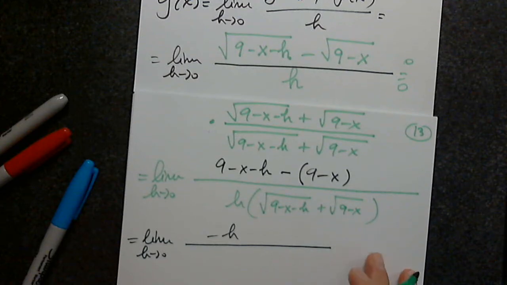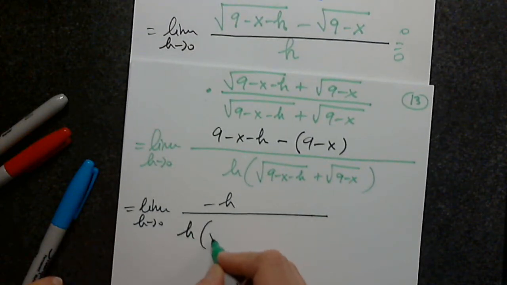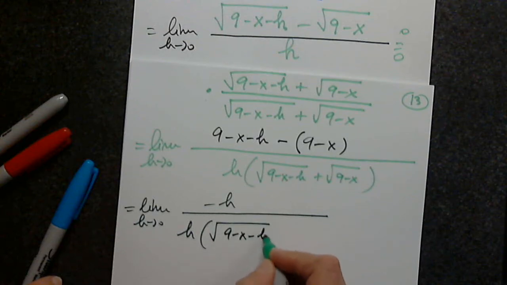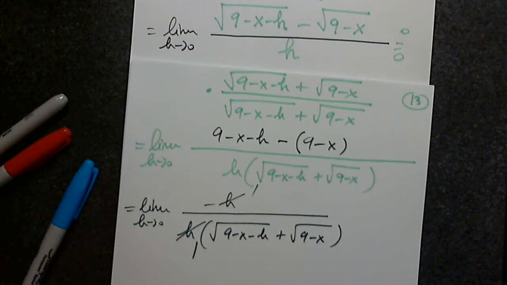All terms without h must go away, as we know from a long time ago. So the denominator is the square root of 9 minus x minus h plus the square root of 9 minus x. As expected, the second thing that has to happen, that h in the denominator has to go away. And now we can drop the limit operator.